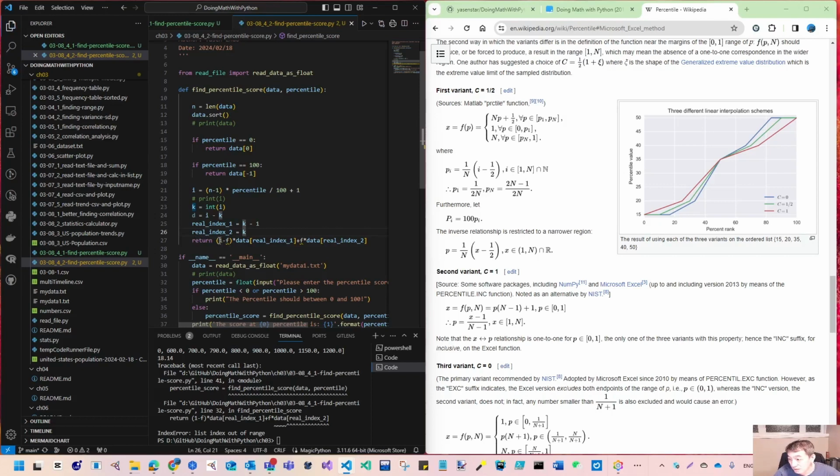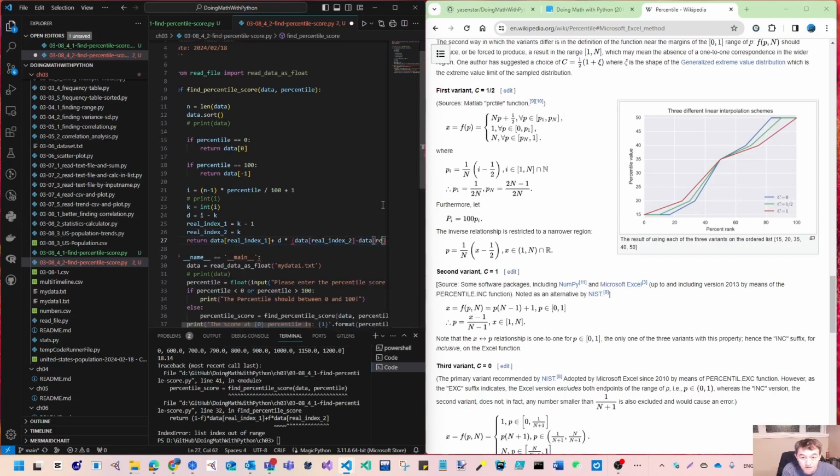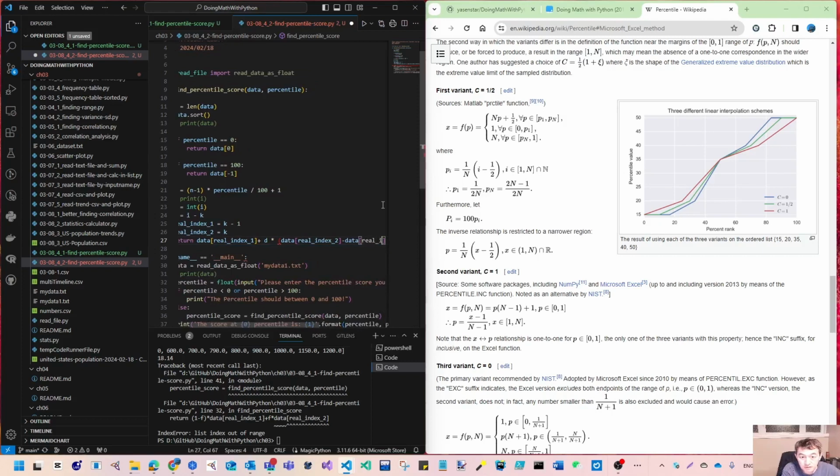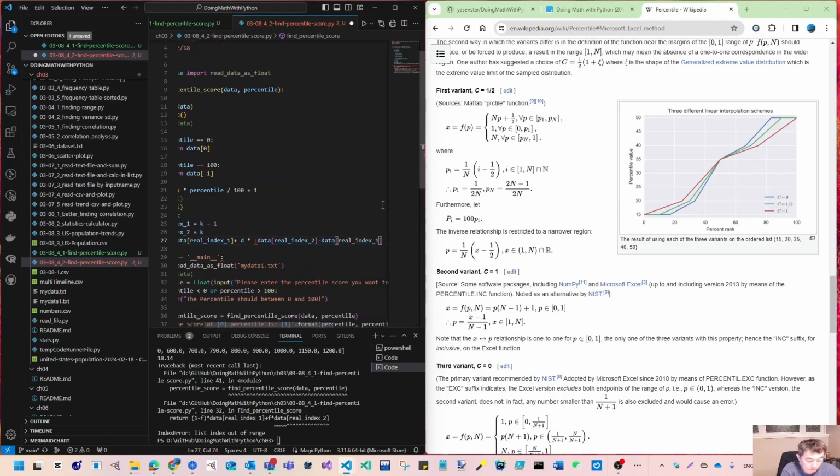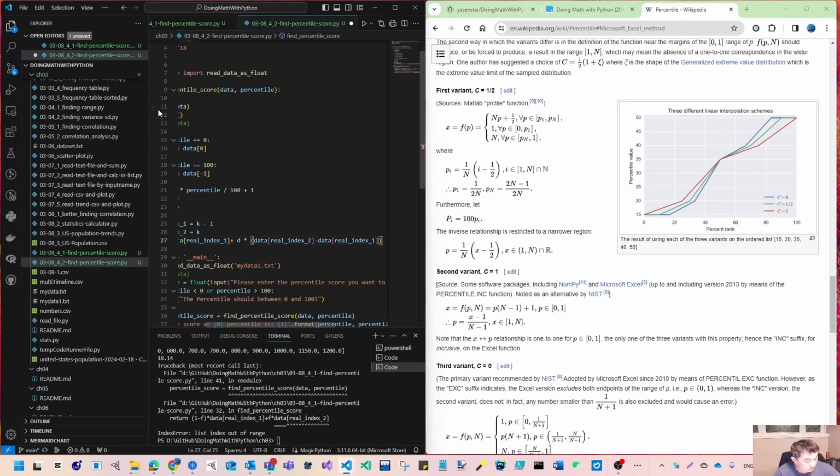So what we return is the data with this index 1, and those are the values, plus, we don't have f anymore, it is d times the data real index 2 minus data real index 1. So those are our formula.